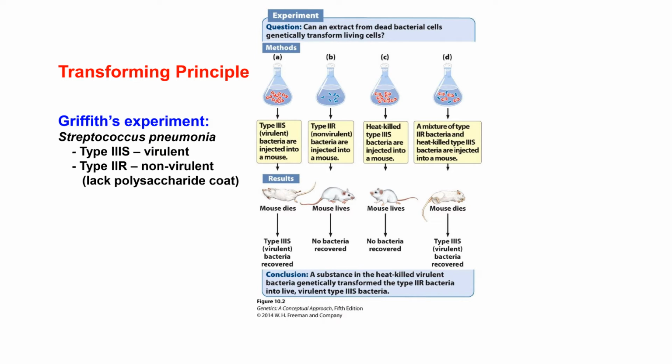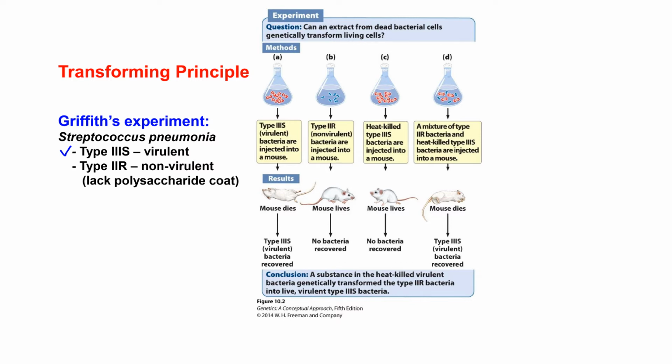Griffith was interested in Streptococcus pneumoniae, an infectious bacterium which causes pneumonia. He worked with a strain which he called 3S, which was a virulent pathogenic strain. This strain contained a polysaccharide coat and produced very smooth colonies when grown on agar.